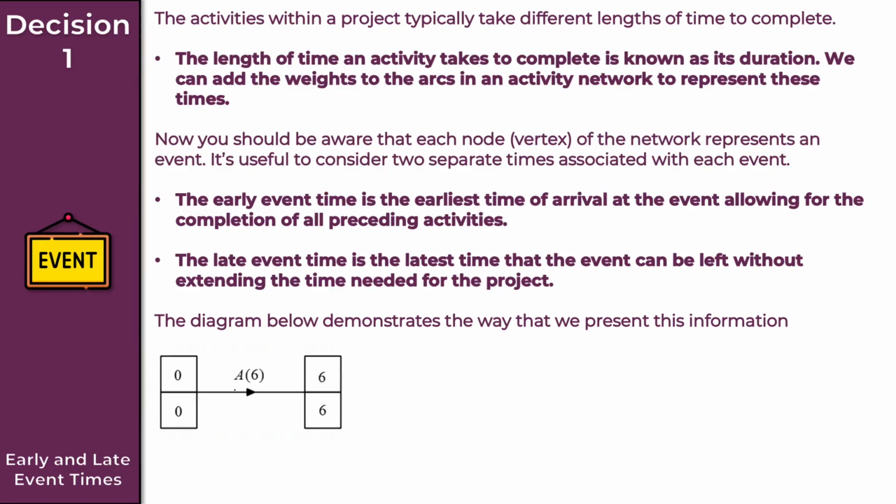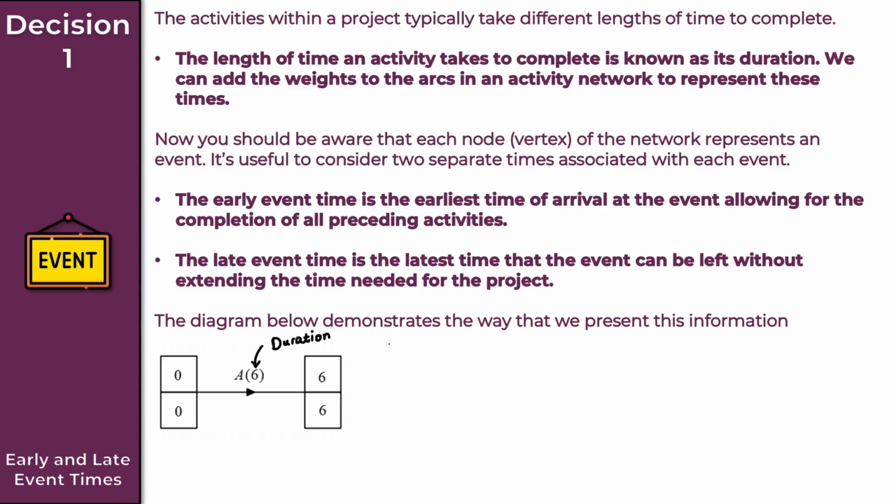So what I've got here is my activity, Activity A. And this number inside the bracket next to the denoted activity, this here is the duration. Now we use these boxes to represent the early event time and also the late event time.